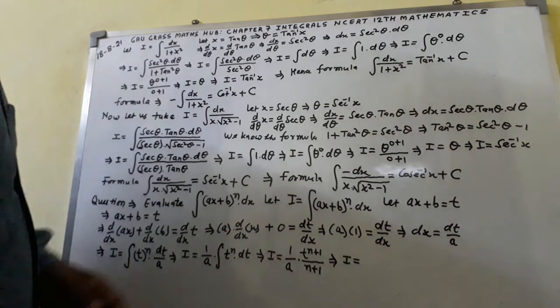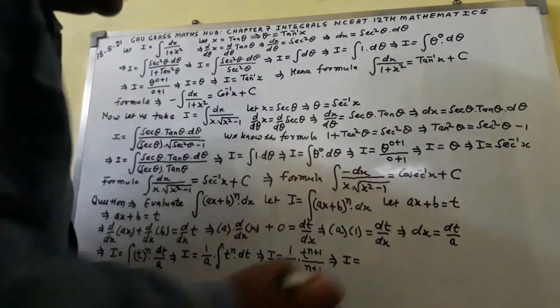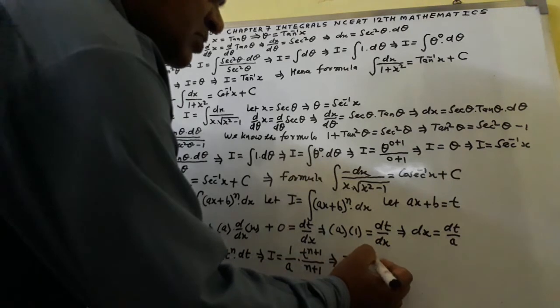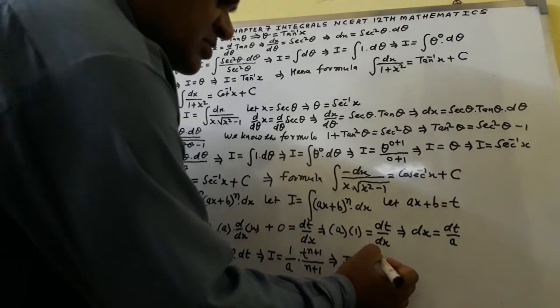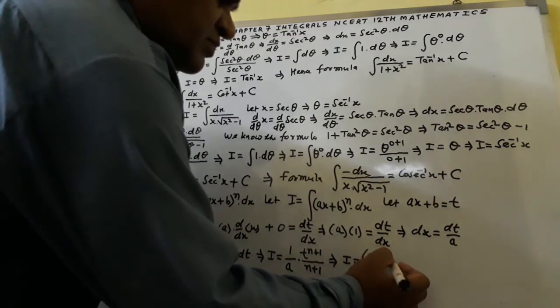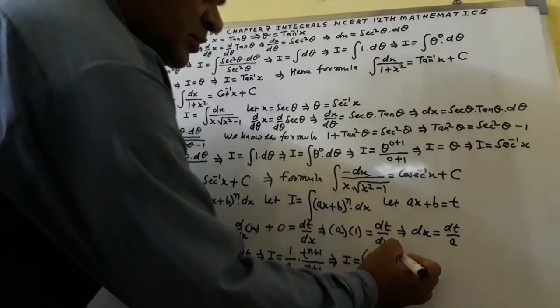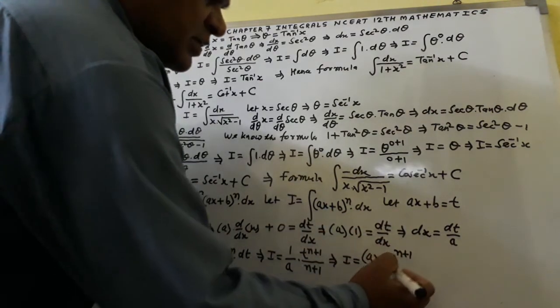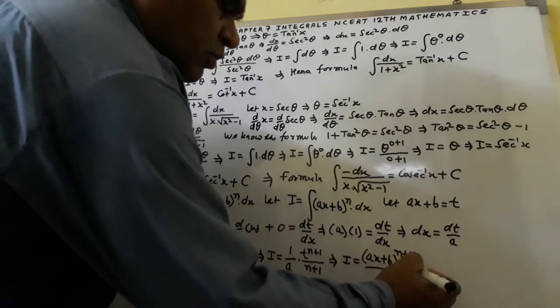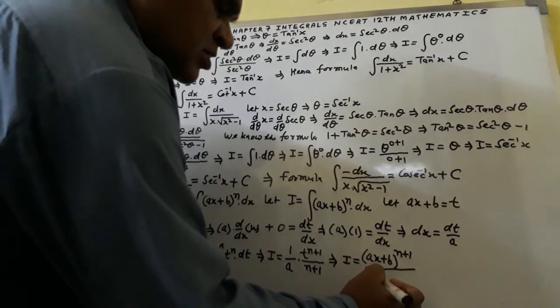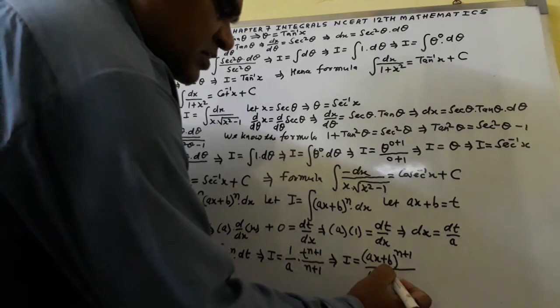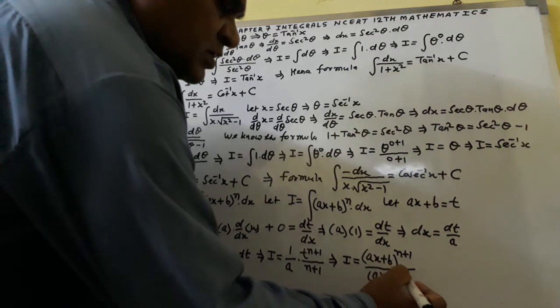Value of t I have let ax plus b. So here write ax plus b whole raised to the power n plus 1 whole over a dot n plus 1.